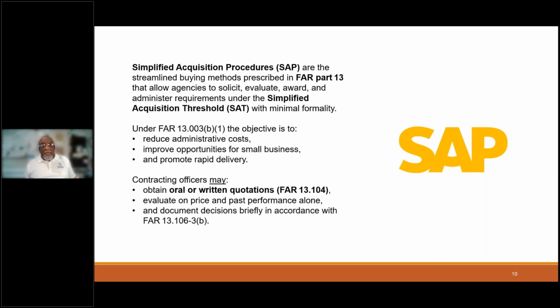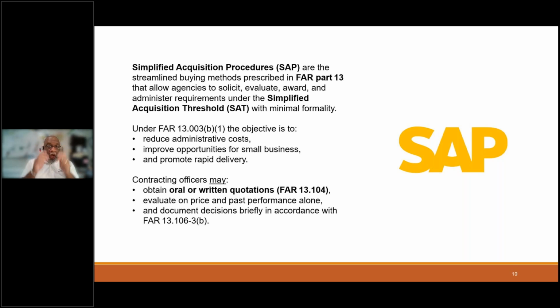Just as the name suggests, it's simplified. The objective is really to reduce administrative costs, improve opportunities for small business, and promote rapid delivery of procurement goods and services. That's the focus at this threshold.